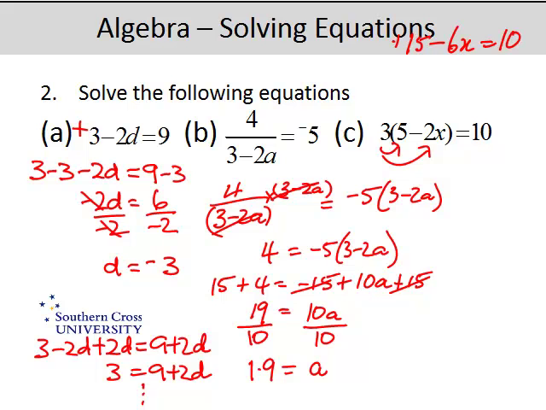Now because 15 was added to the left hand side, I'm going to do the opposite and subtract 15 from both sides. So that's negative 6x is equal to 10 take away 15 is negative 5. So that means that I'm going to divide both sides by negative 6. A negative divided by a negative makes a positive. 5 divided by 6 is 5/6.